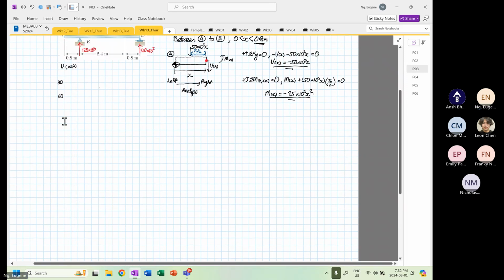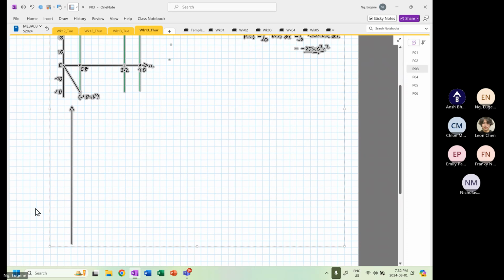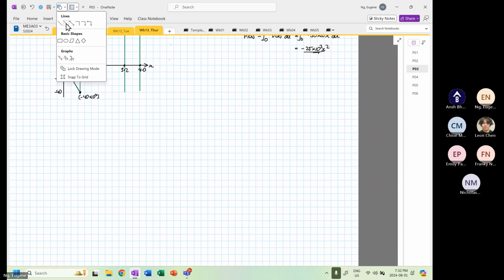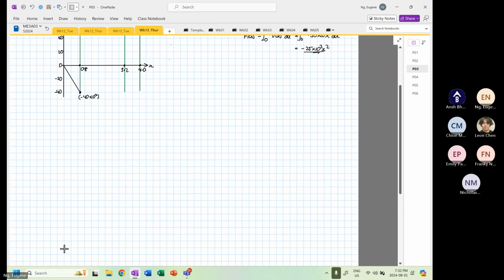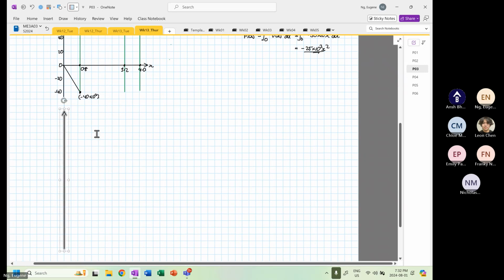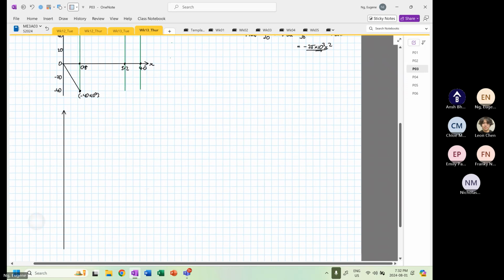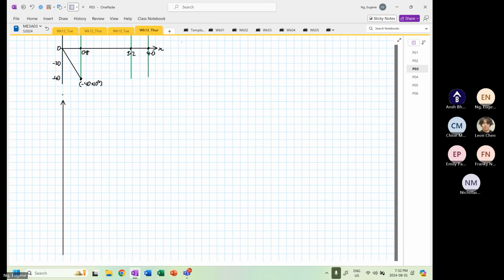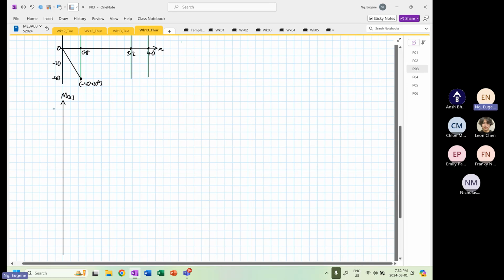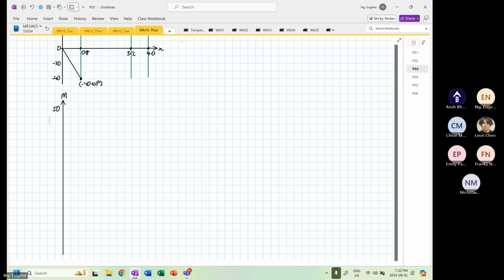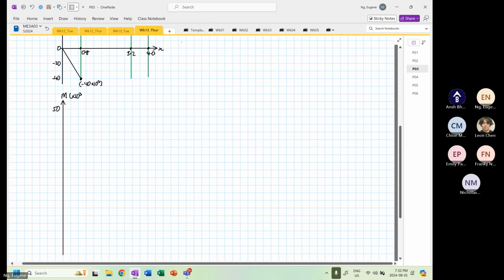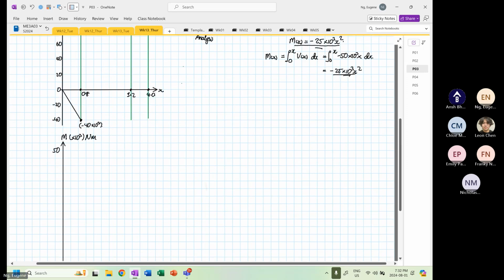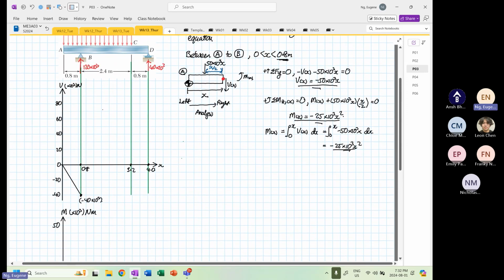We have our bending moment as a function of x. We're going to have 50, or M, and this is times 10 to the power 3 Newton meter, whereas the other one on top is just Newton.